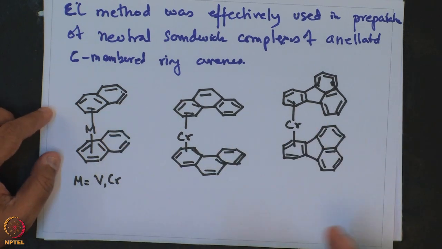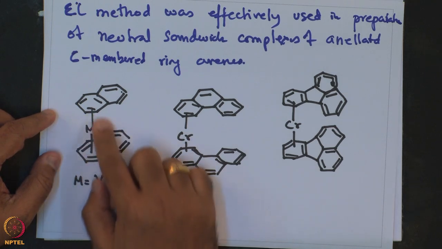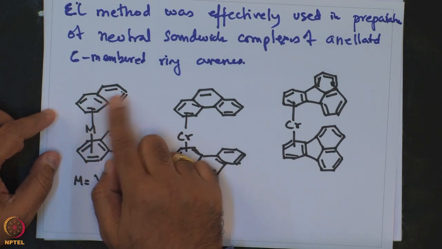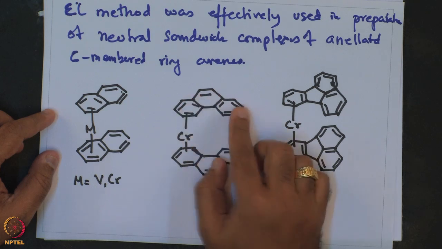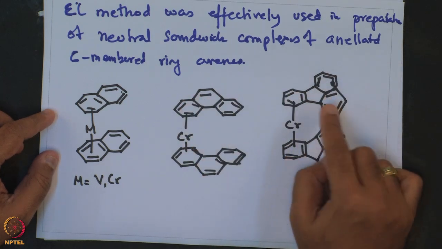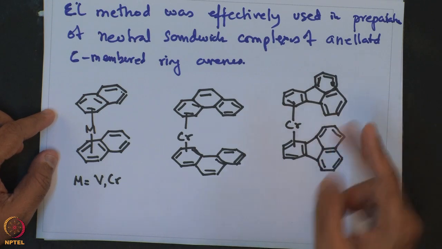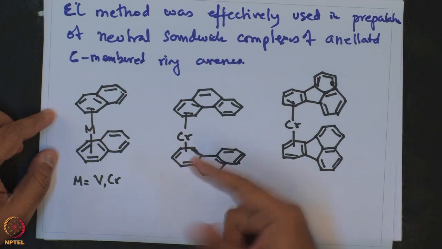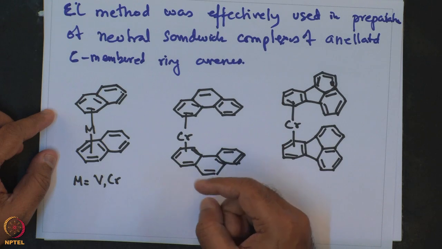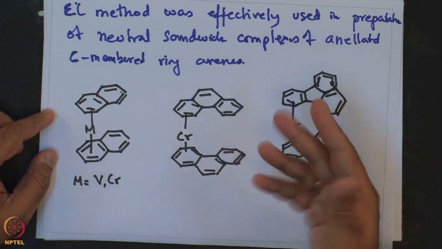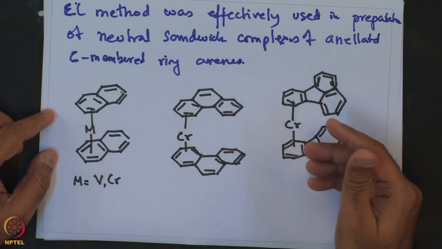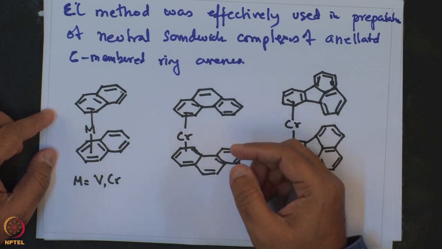So, the question primarily over here is that let us say for example, in these there are 2 arene rings, for these there are 3 arene rings, for these there are 4 arene rings. The question is which particular one would be forming these Bis-Arene complexes with chromium, and is this just by coincidence, or is there any rule which governs them?